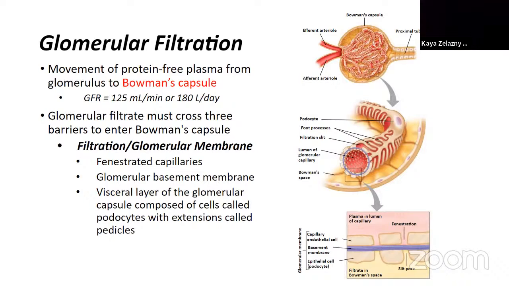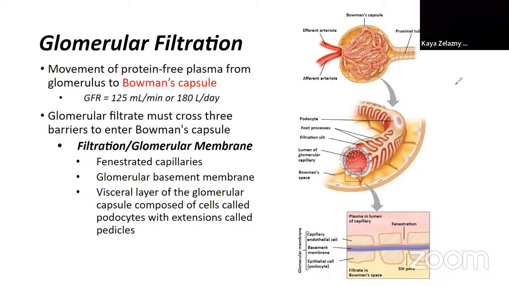There are barriers to the movement of things from the blood in the glomerulus into Bowman's capsule, so we're going to look at the microscopic structure here. For things to move out of the plasma in the glomerulus and into the capsule, they have to pass through fenestrated capillaries.